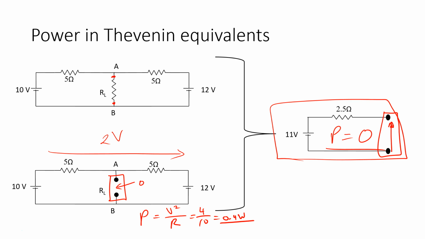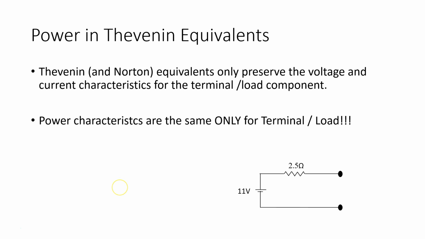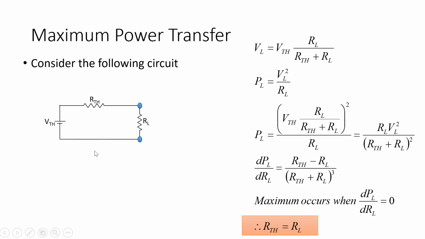Now, since the terminals are equivalent, the power in the terminals are equivalent, and we could actually derive what is the condition for maximum power being transferred to the terminal component using a Thevenin equivalent circuit. So, as we said before, for the maximum power transfer, if I wanted to find it for the power going to the load resistor, I have to simply find an expression for the power in the load.